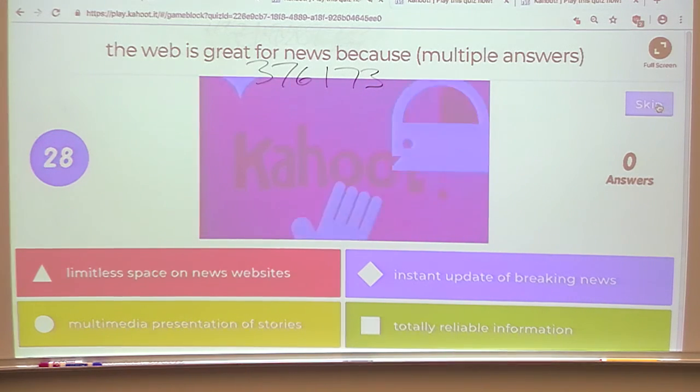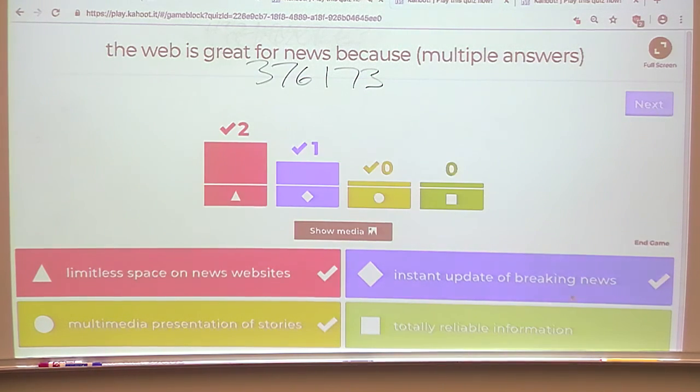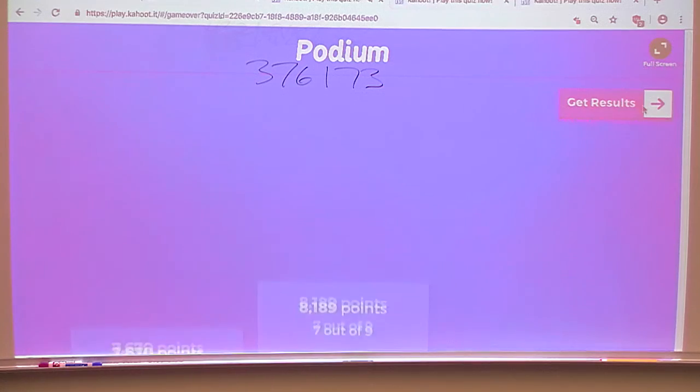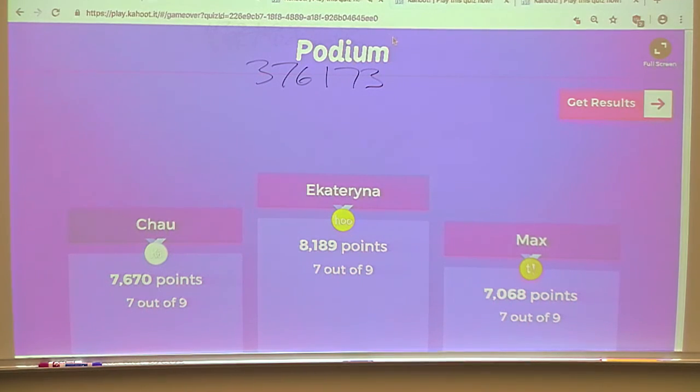There's limitless space on news websites, multimedia presentation of stories, instant update of breaking news, totally reliable information. Right? Everything except for totally reliable information. Awesome. So that's just the problem with internet news, it's not always true.